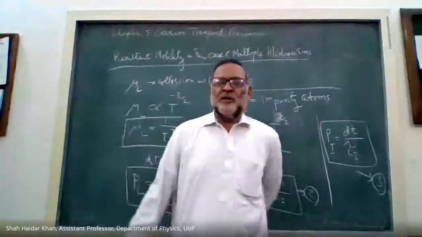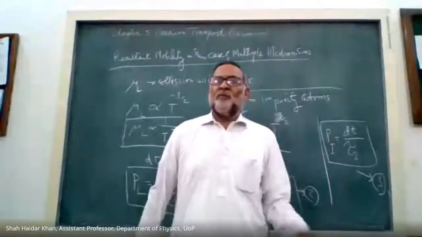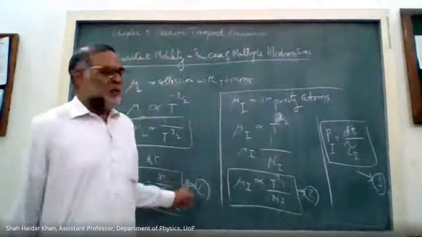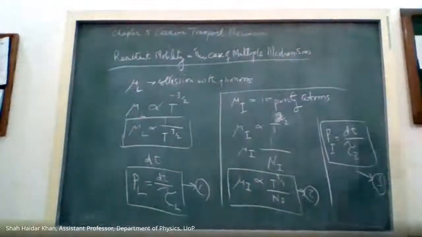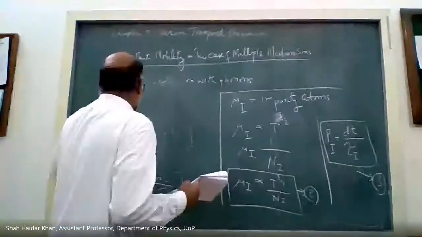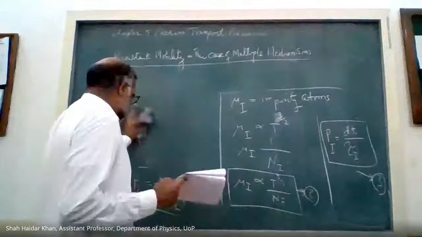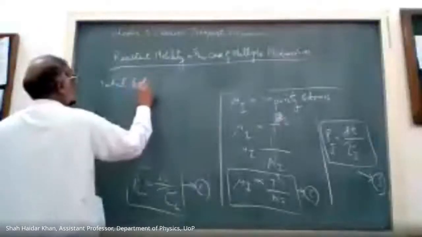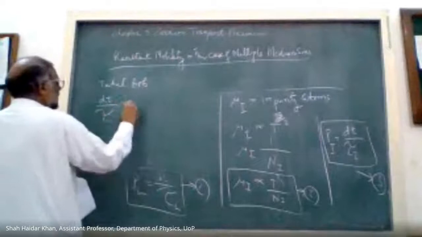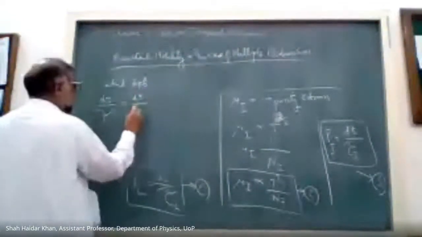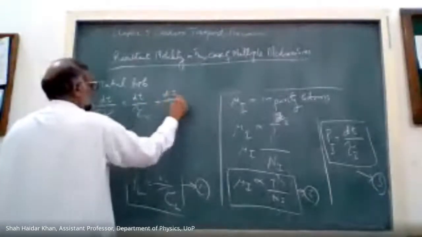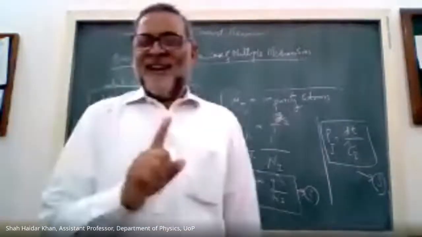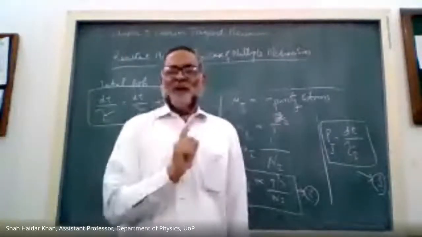We are talking in terms of collision, since mobility comes from collision. So the total probability of collision, from equation 1 and equation 3, is dt divided by tau is equal to dt divided by tau L plus dt divided by tau I. The probabilities are added here because these situations are independent.